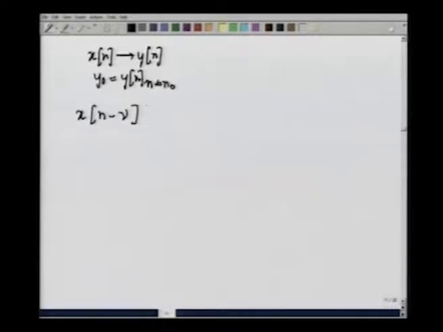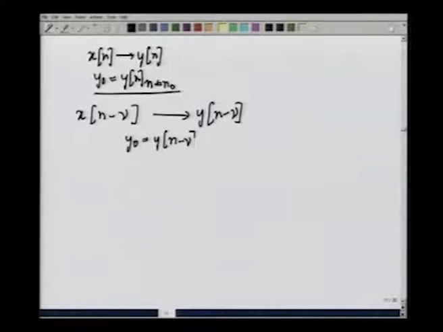Then in order for this to result in y n minus nu, this condition which we have applied over here must now be the same value y naught, but it must apply at y n minus nu at n minus nu equal to n naught, that is to say at n equal to n naught plus nu.